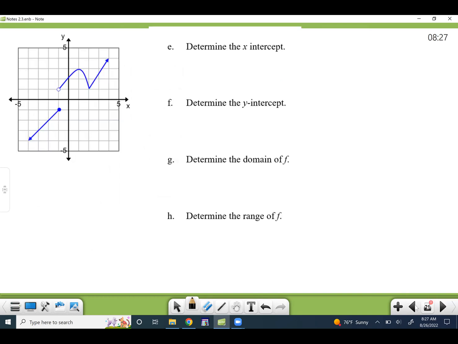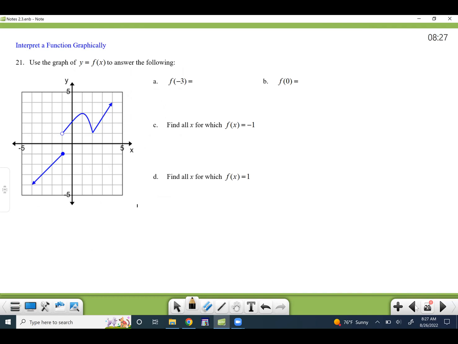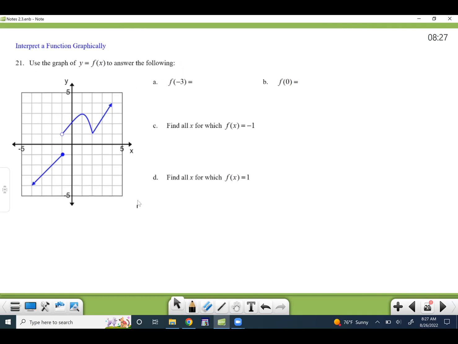All right. So this first page is just you understanding that f of x equals y. It's so important. I'm going to write it up here. Anytime that you see a number inside parentheses, those are going to be x's, because it's the x that's inside the parentheses.